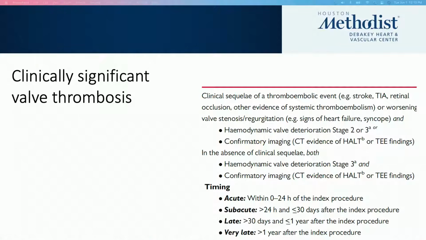Clinically significant valve thrombosis is defined as clinical sequelae of thromboembolic events, such as TIA, retinal artery occlusion, or other systemic thromboembolic events, or worsening valve stenosis or regurgitation, and required to have hemodynamic significance or confirmatory imaging on the CT, such as HALT or TEE imaging.